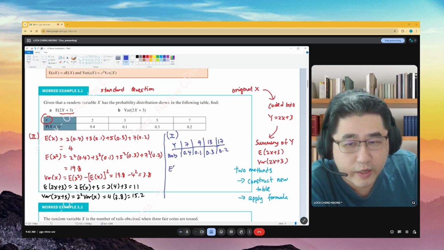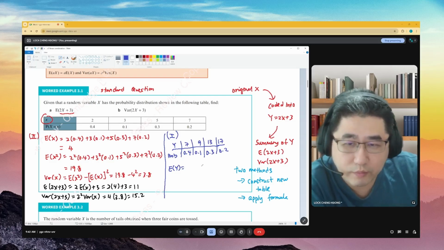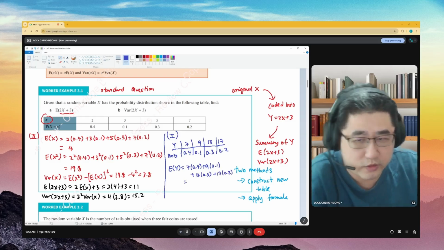Now I calculate the expected value of y using the similar way, the S1 method. So 7 times 0.4 plus 9 times 0.1, plus 13 times 0.3, plus 17 times 0.2. Okay, let's see what we get.